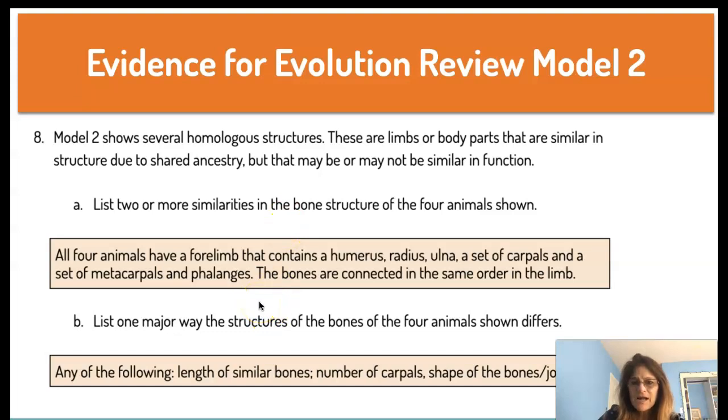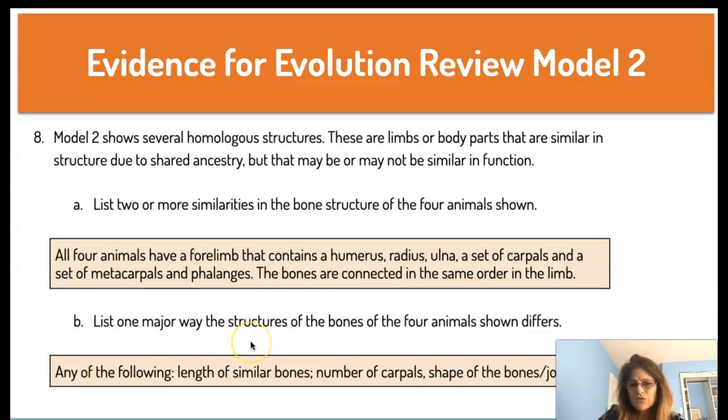They basically all have the same design of their forelimb. They have one bone called a humerus, which is connected to two smaller bones called a radius and ulna, which is connected to a set of wrist bones called carpals and a set of finger bones called metacarpals and phalanges. And these bones are connected in the same order in each of these limbs, even though they have a different function.